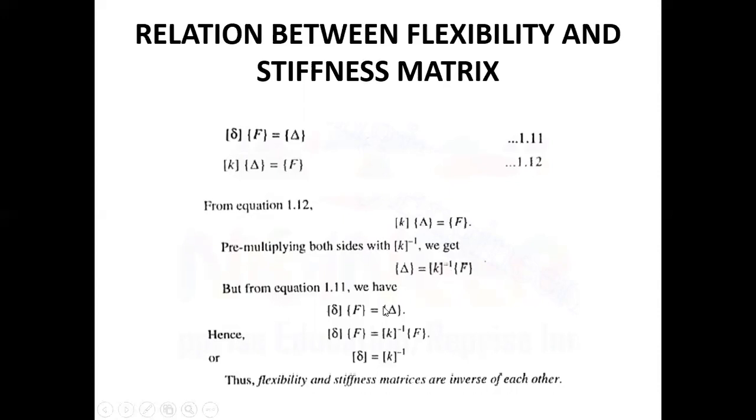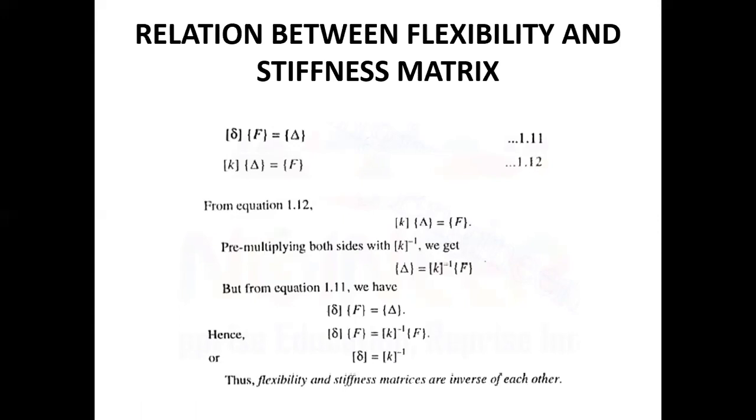We'll solve it further, and then again this k inverse f will be cancelled by this f, and the equation becomes: delta matrix is the inverse of the stiffness matrix. So by this relation we can simply see that flexibility is the inverse of stiffness.